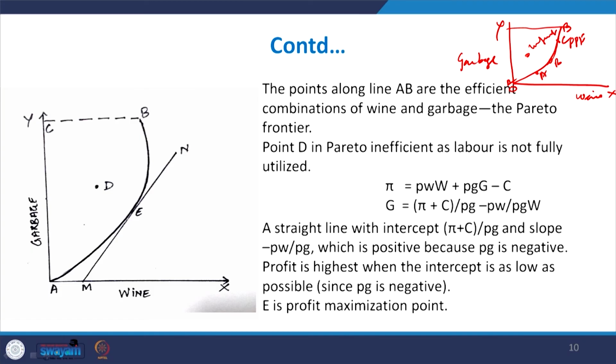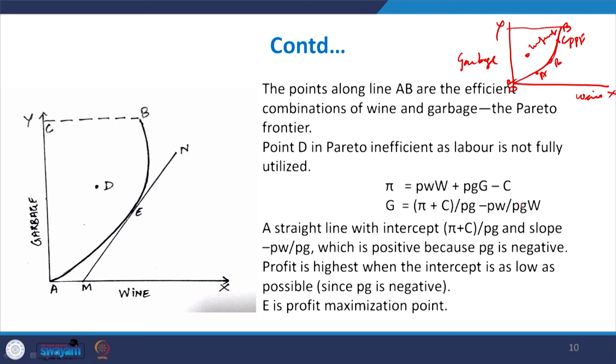Now if we want to know the efficient allocation of wine and garbage by the firm, what you have to do is first draw the price line of wine and garbage.